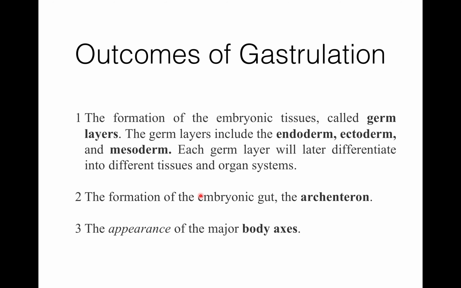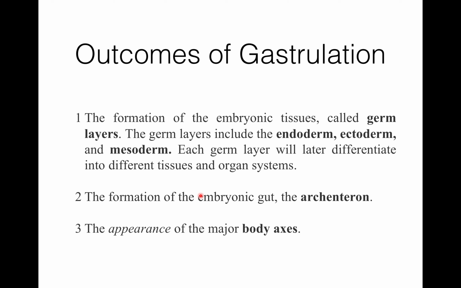Now what are the significance or the outcomes of gastrulation? So first is the formation of embryonic tissue called germ layers, and the germ layers include endoderm, ectoderm and mesoderm. Each germ layer will later differentiate into different tissues and organ systems.